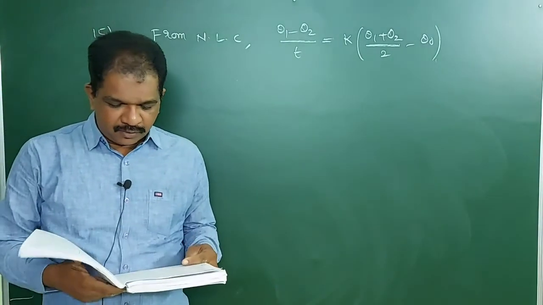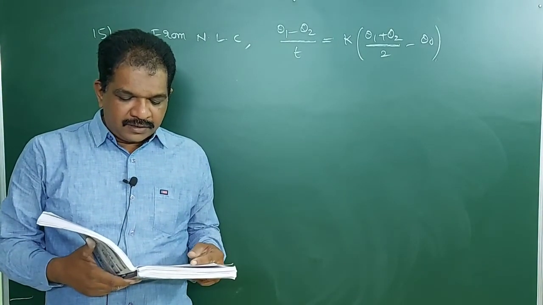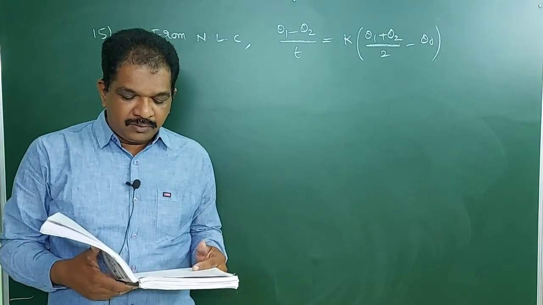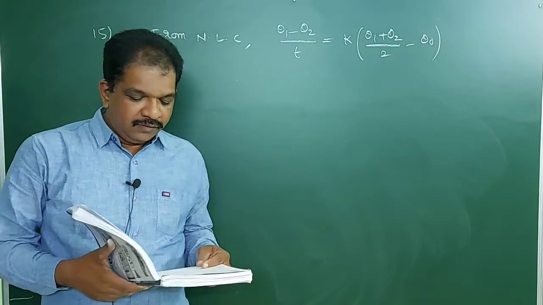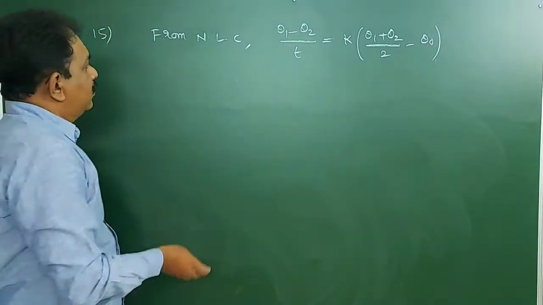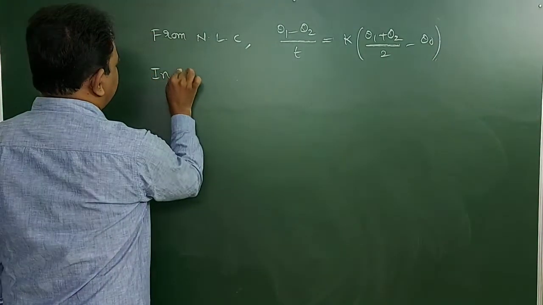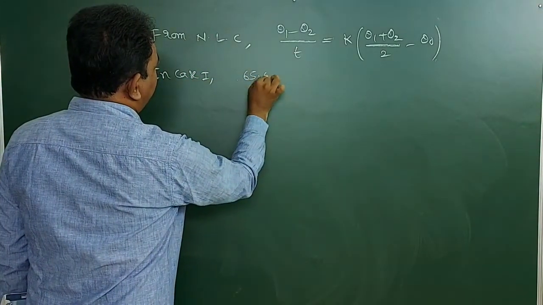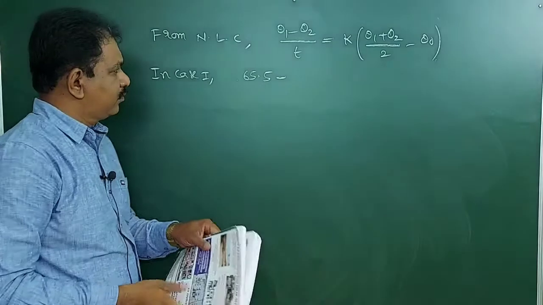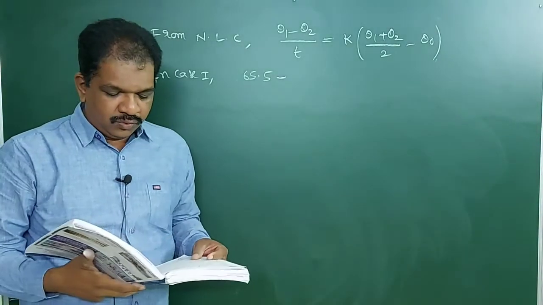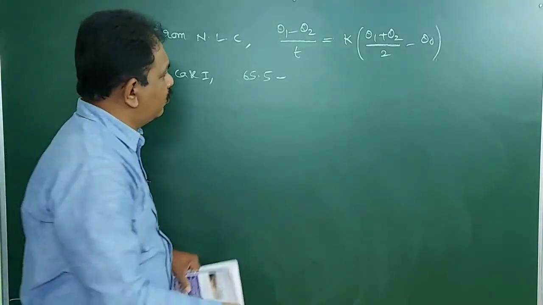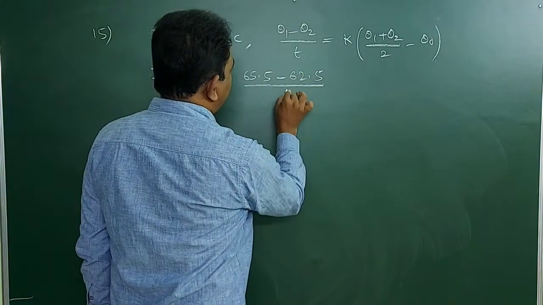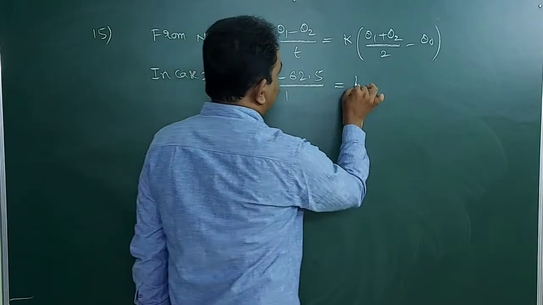That is the formula. So temperature falls from 65.5 to 62.5 in 1 minute time. So in case 1, 65.5 to 62.5 in a time of 1 minute.